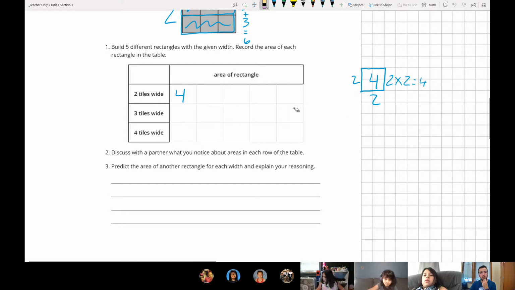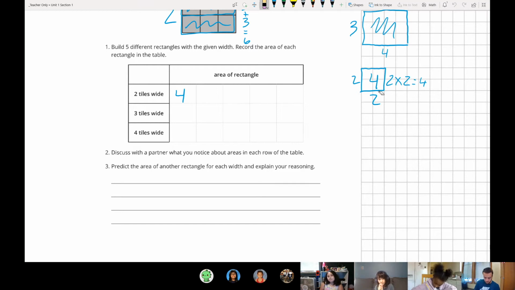Okay, so drawing them with a width of 2, or you can draw another one. Let's say we'll do one with 4. There's a width of 4, and I want to go up. Ooh, kind of squiggly. But I have 4 here and 3 there. So whatever this area is that I find, I would put right here in that area. So I'll give you maybe 1 or 2 more minutes.